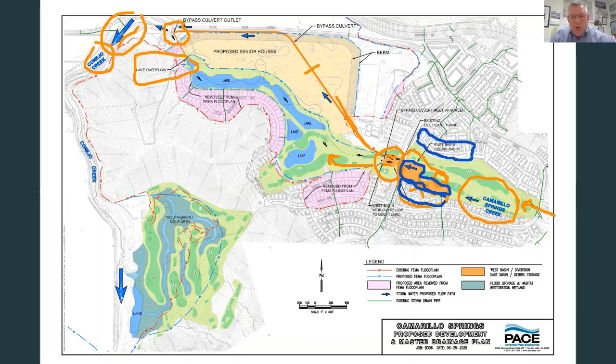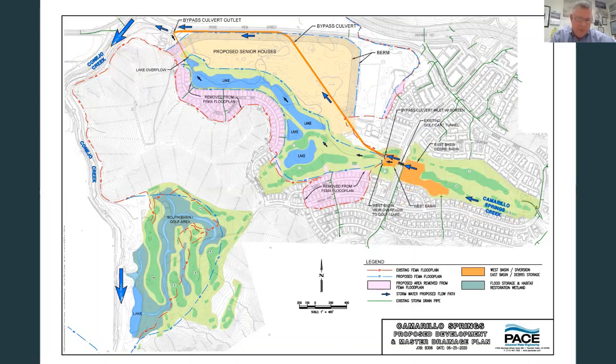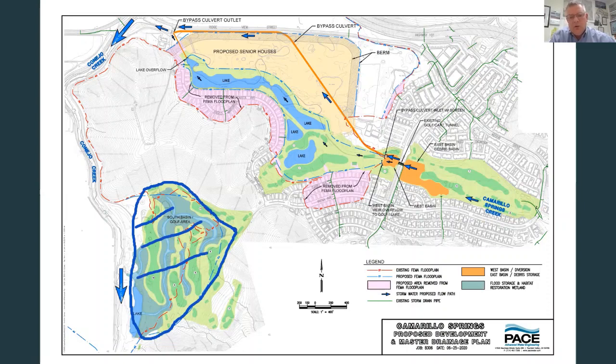And so we talked about the berm, the barrier. We talked about the bypass. And the third component of the flood safety program is utilization of the South Golf area as additional flood storage for Conejo Creek.